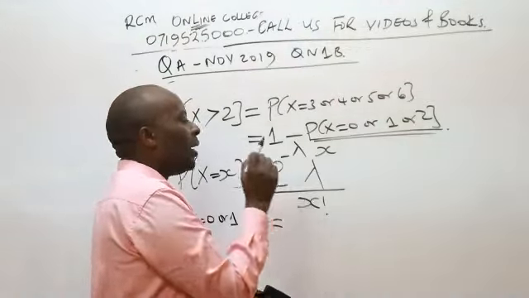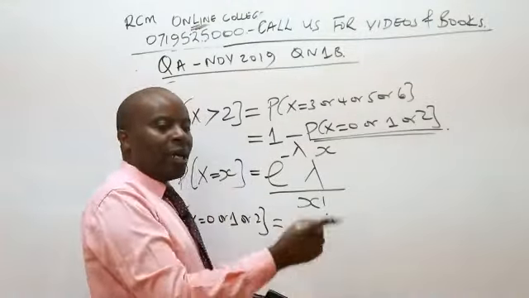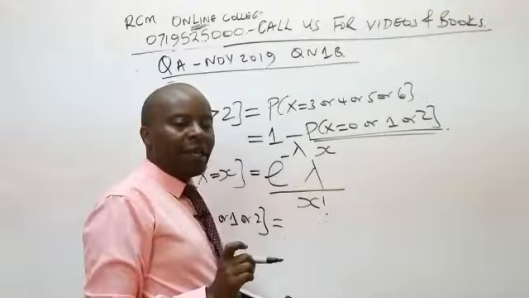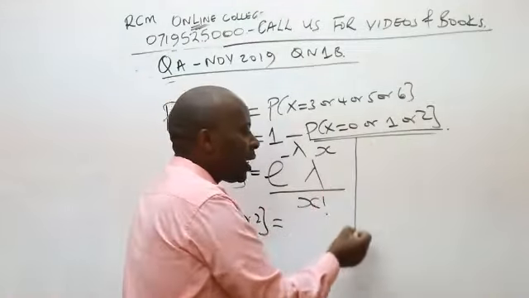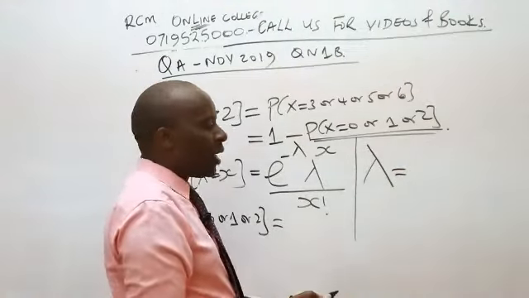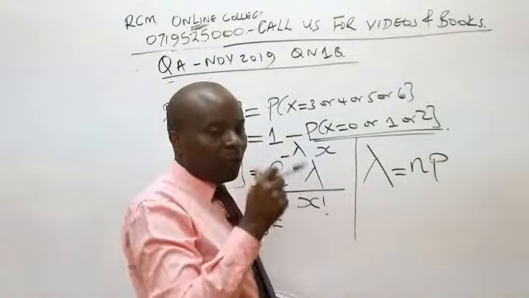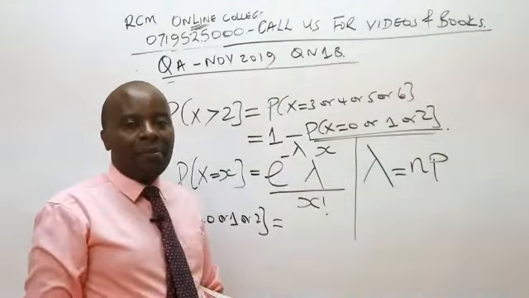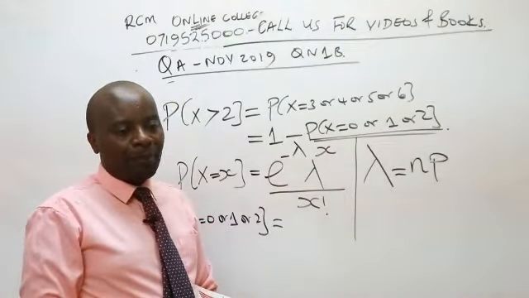negative lambda. Remember that lambda is the mean. In this question, they never gave us the mean. Remember, in our normal class, we said whenever the mean is not given, to get lambda, we normally talk of np.